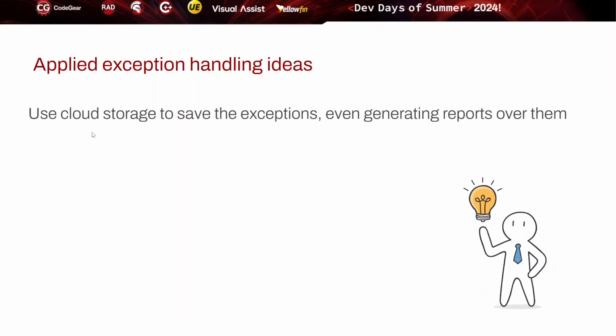We can use cloud storage to save the exceptions, and even generate reports over them. So in some of the systems that we worked on, there are at least 1,000 users at the same time using the system. And of course, with this volume, sometimes the system has many exceptions.